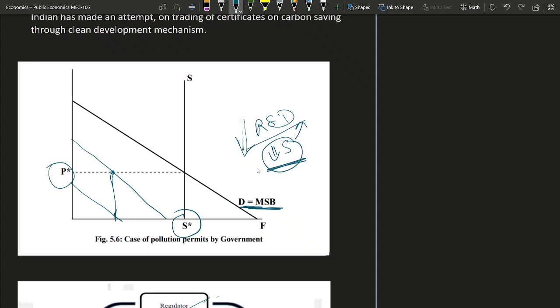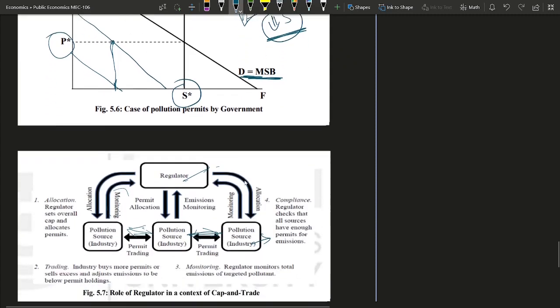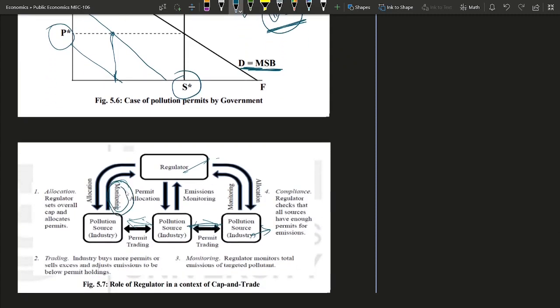This mechanism of trading pollution rights is better than any other way to deal with pollution. But it is not simple to implement. In many cases, it is not easy to identify who the polluter is. But if we are able to assign clear property rights and regulate and monitor, then this model of capping and trading of pollution rights is better than any Pigouvian tax or even command and control.